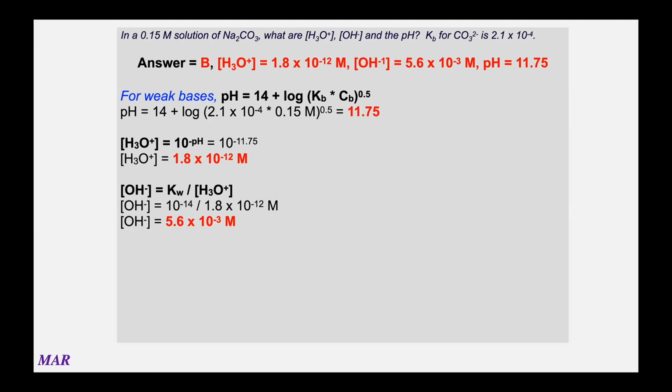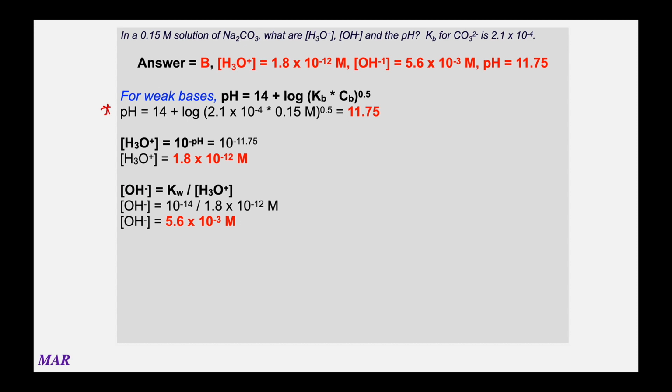Here's the actual work you can do, and that's probably the better way. You can see what I did in this problem is I used one of my beloved quick and dirty expressions, the pH of a weak base, which is 14 plus log of the square root of Kb times Cb. You are justified in using that because 100 times K is less than C. That's where the 11.75 came from.